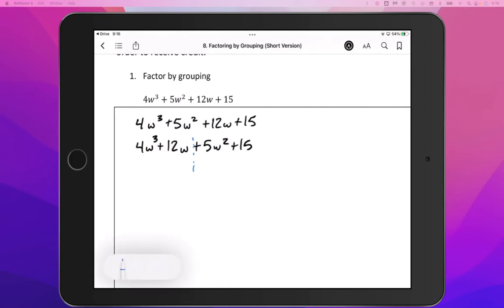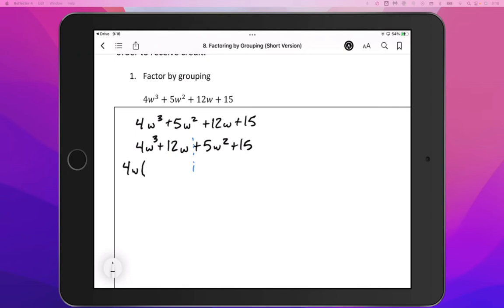And so what's next for us is we're going to do this, I call it the down the middle, with that blue line. What that is, we're splitting this expression into two halves, a left half and a right half. And so we're going to factor those halves independently of each other. On the left half, I can see that 4 and 12 both have 4 as a common factor. And w to the power of 3 and w, the lowest one there is w.